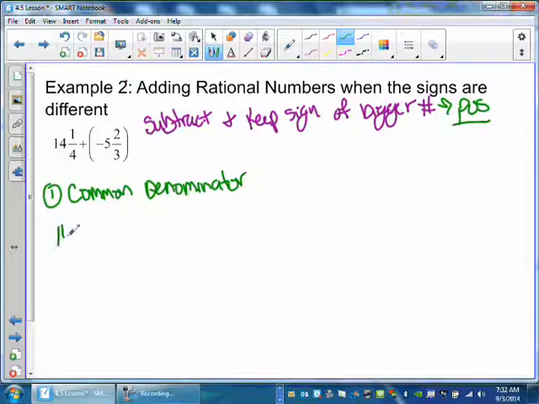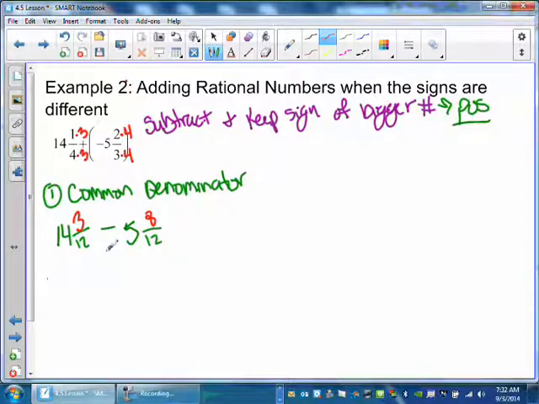So I'm going to change this into 14 and something over 12. We are subtracting 5 and something over 12. 4 times 3 is 12. Whatever I do to the bottom, I need to do to the top. 3 times 4 is 12. Whatever I do to the bottom, I need to do to the top.